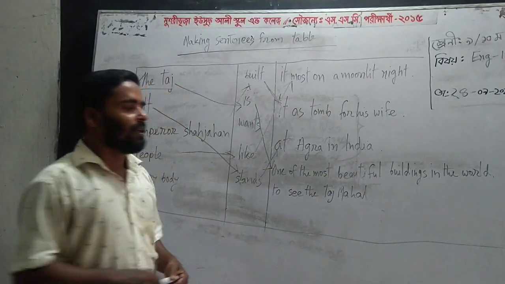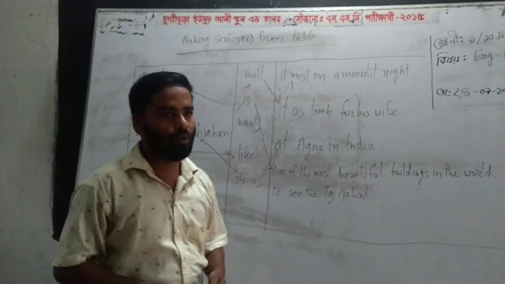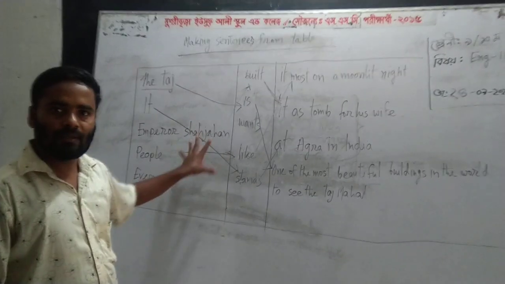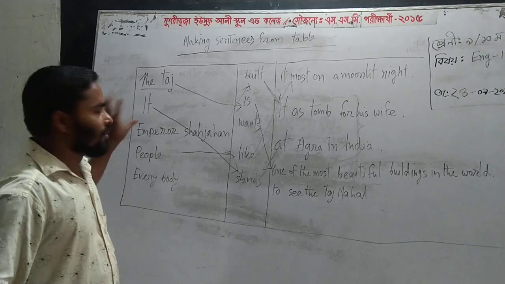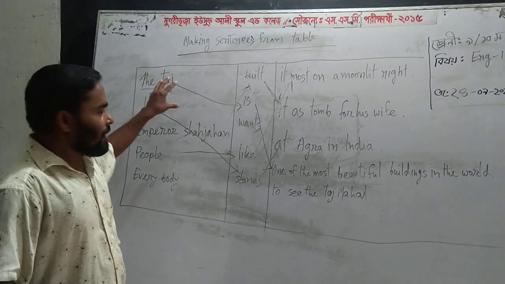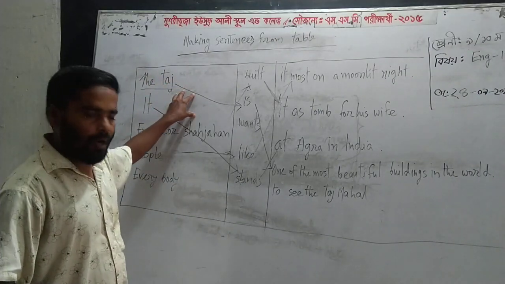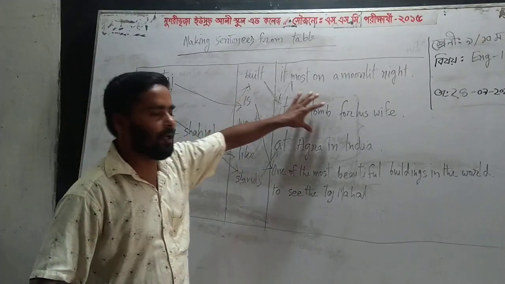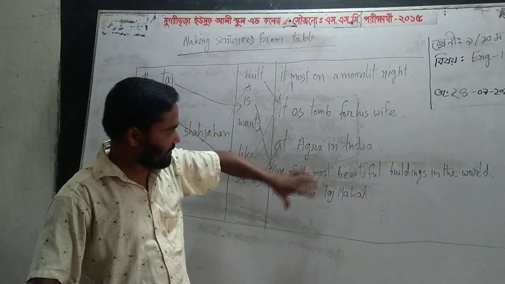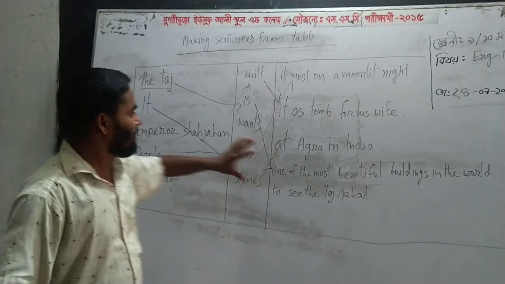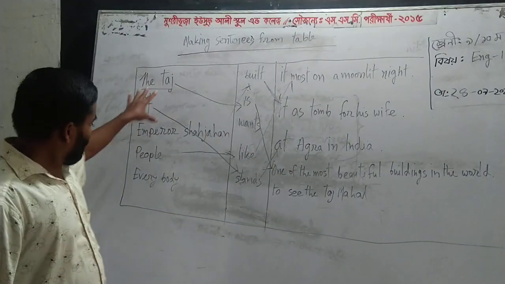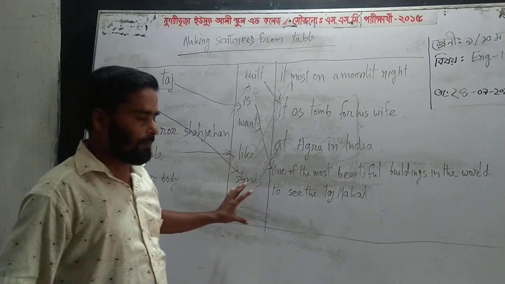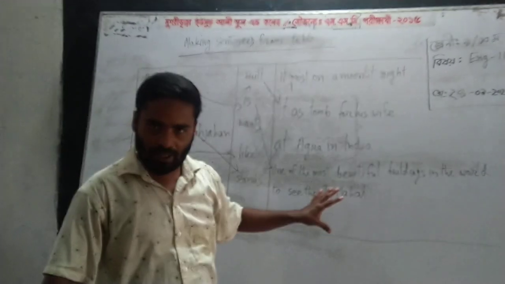So in this way you will have to write 5 sentences here from this table. Have a look. You must use one subject, one verb and one object from each part. In this way you will have to write 5 subjects, 5 verbs and 5 objects.